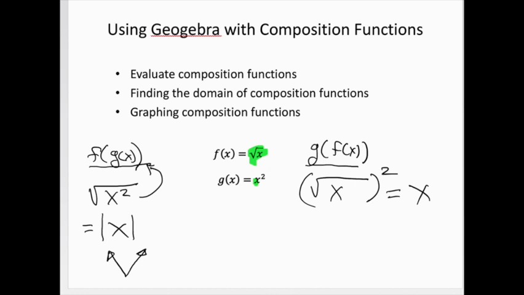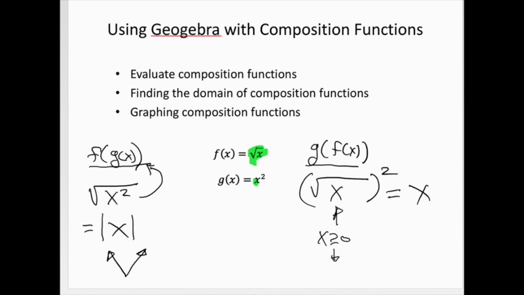However, remember, I can only plug in 0 or positive numbers under an even root if we're dealing with only the real numbers. So whatever I plug in for this is going to be greater than or equal to 0. And then the g of x is just going to square it.